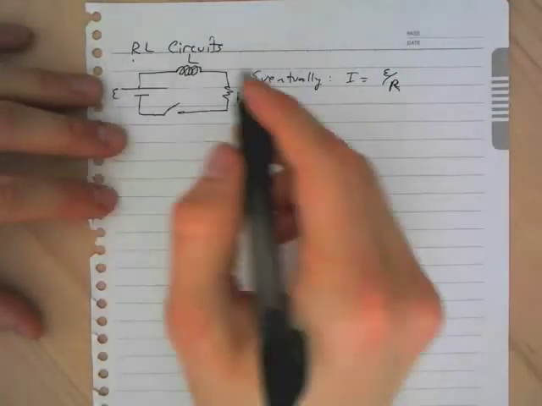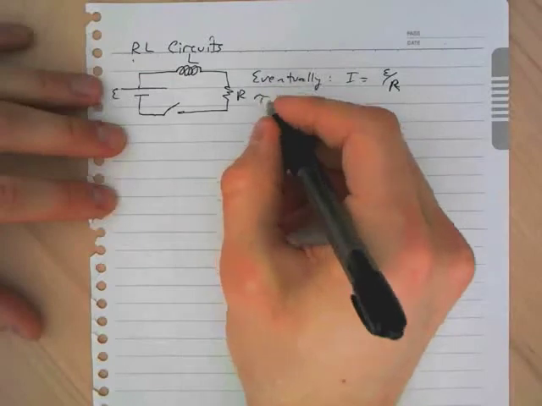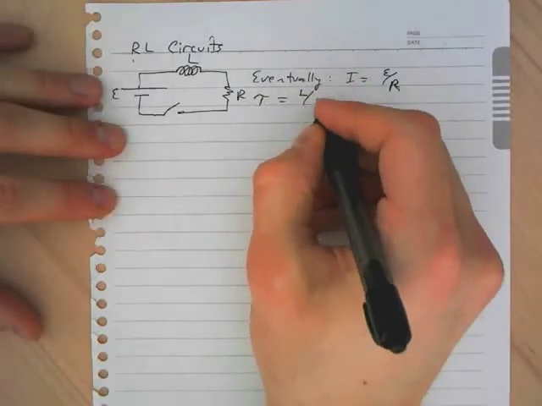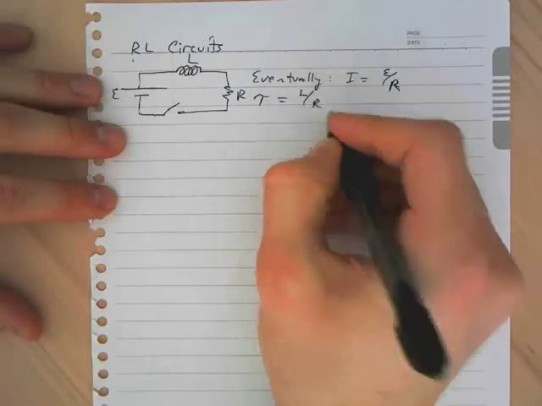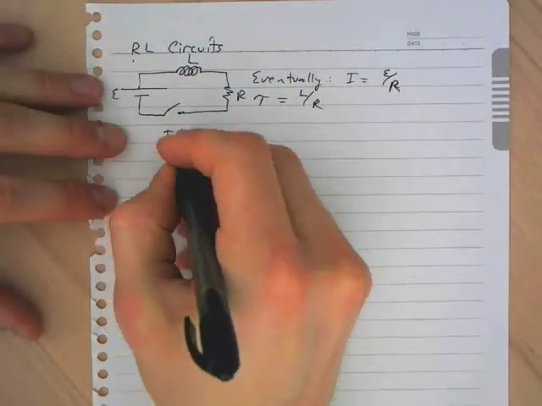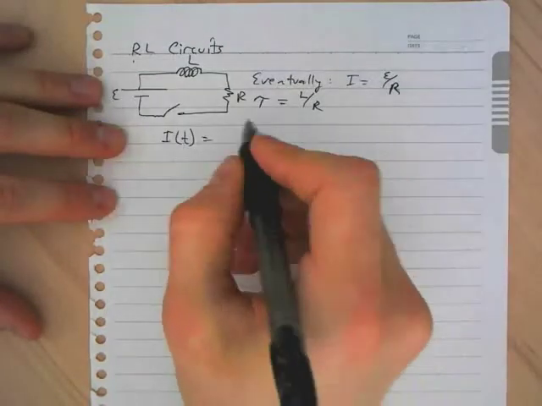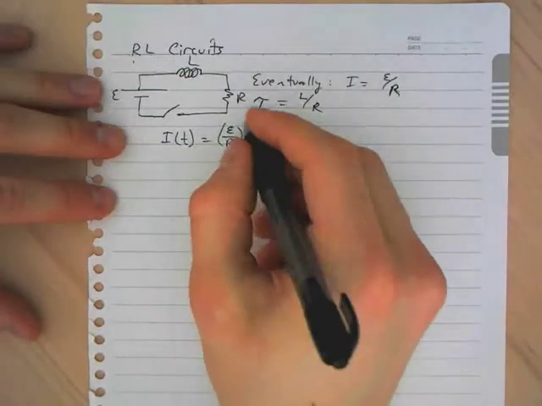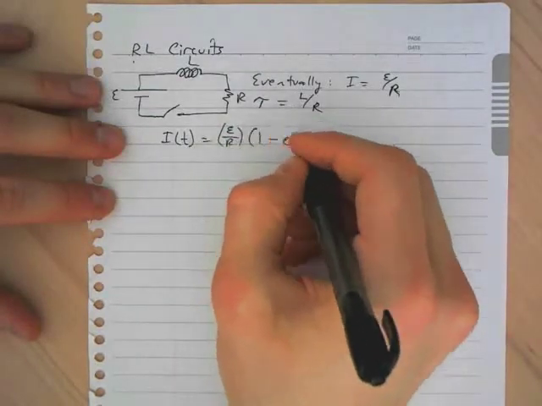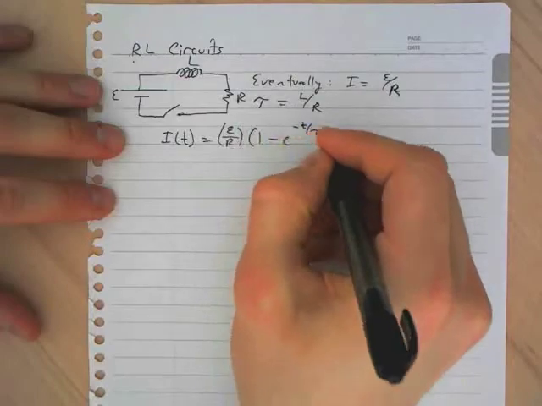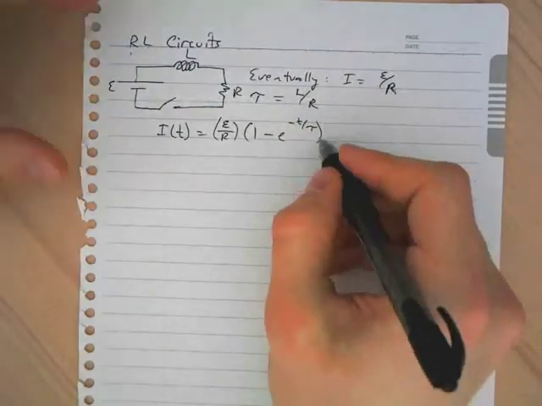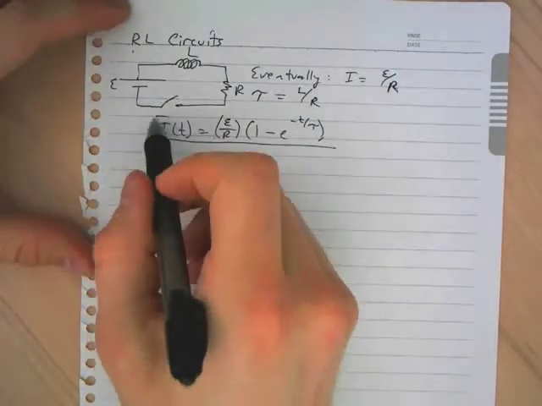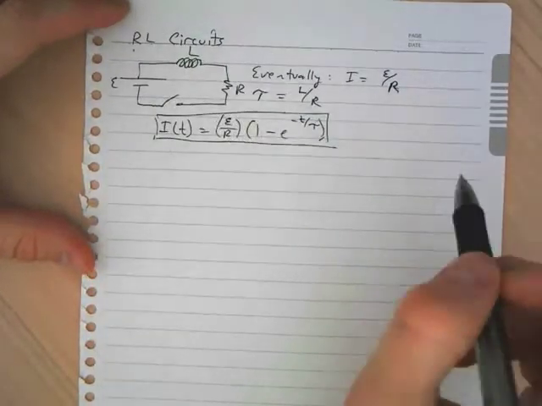In the case of an RL circuit, we still have a tau, which is the characteristic time of the circuit, but instead of being RC, it's L over R. And then the current as a function of time for an RL circuit is the EMF of the battery over R times 1 minus e to the minus t over tau. And like I said, this looks a lot like the equation for the charge on a capacitor as a function of time in an RC circuit.